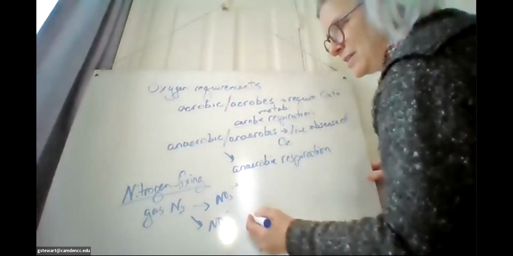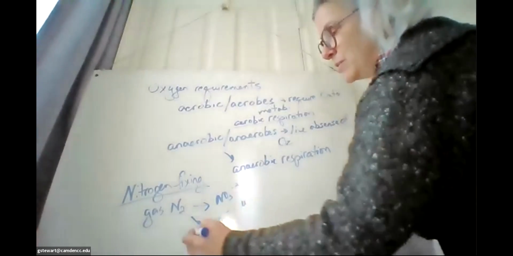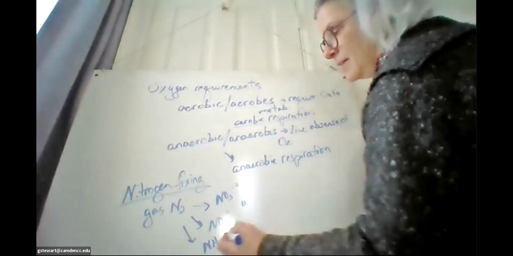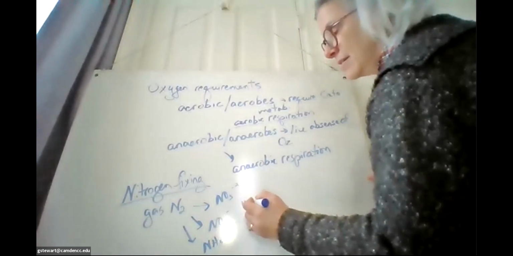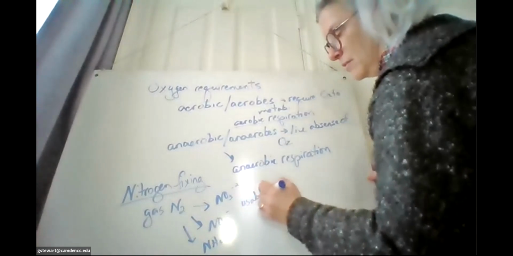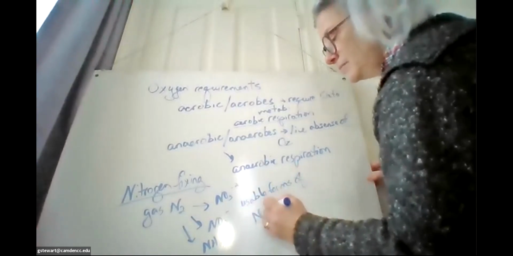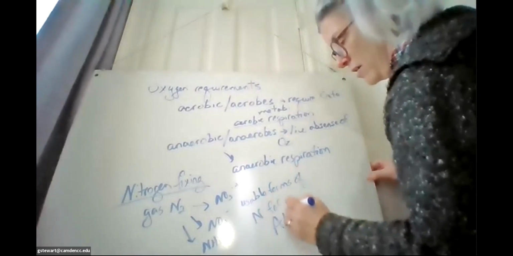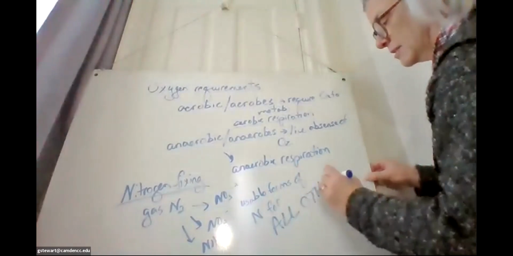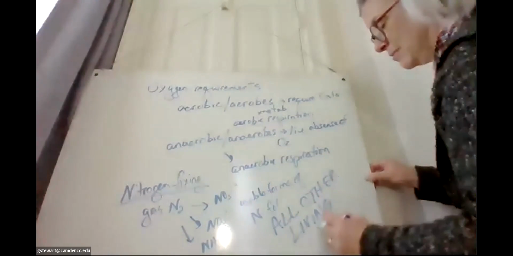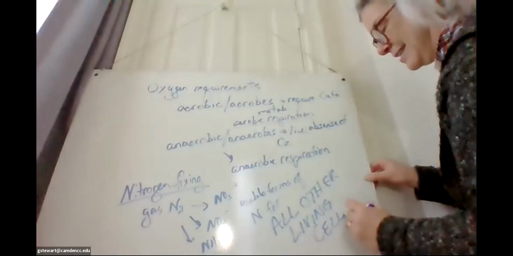These nitrates and nitrites, and ammonia too, are usable forms of nitrogen for all other living things. I'm even going to make it simpler than that: all other living cells.